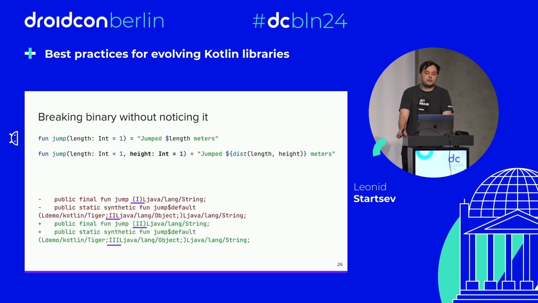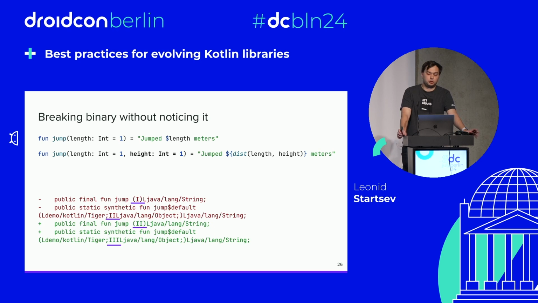But if you look at the compiled bytecode of these methods, we can easily spot the problem that the binary signature of this method has changed. Because before, it contained only 1 int argument and a specially generated bridge for default arguments, which also had 1 of them. And now it contains 2 arguments and 3 arguments in the special synthetic bridge.